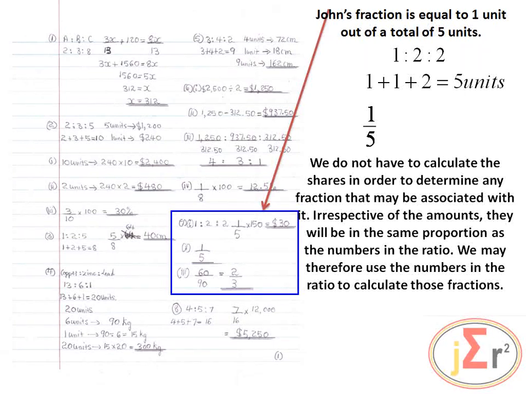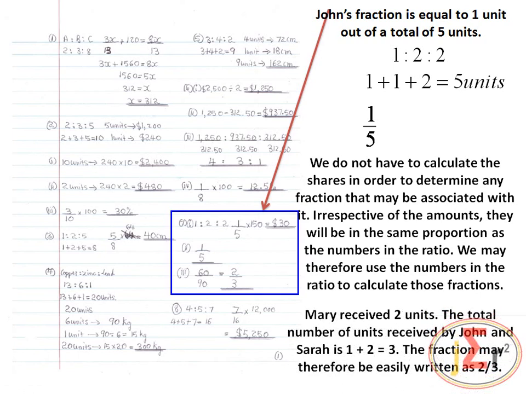No, they will be in the same proportion as the numbers in the ratio. Therefore, we can use the numbers in the ratio instead of the shares, and also use the total of the numbers in the ratio in the place of the total that is being shared because of that direct proportion. No problem with that. So let us go straight ahead.